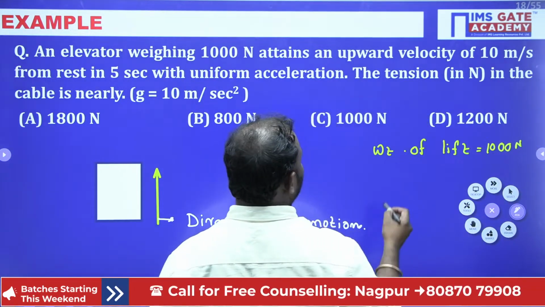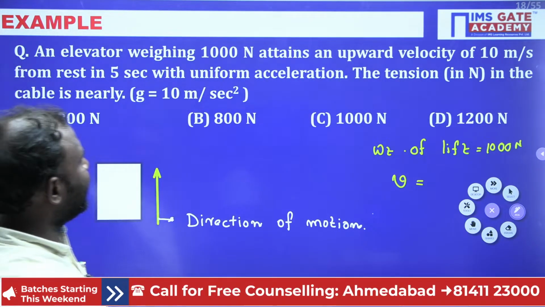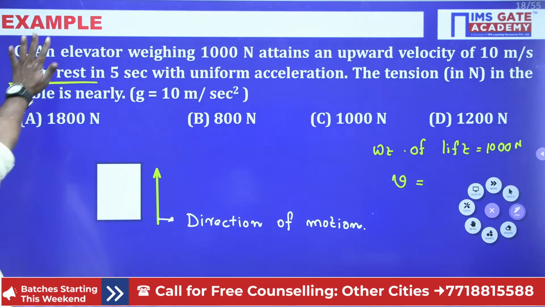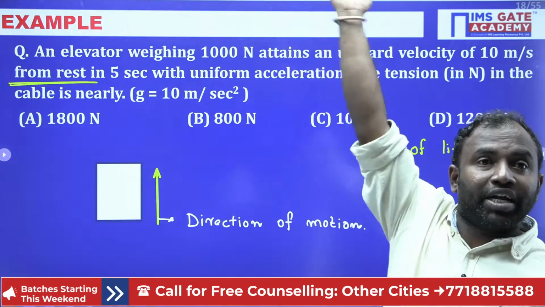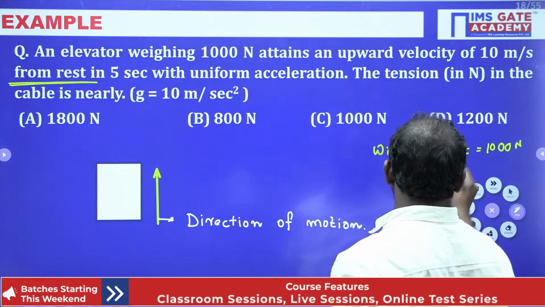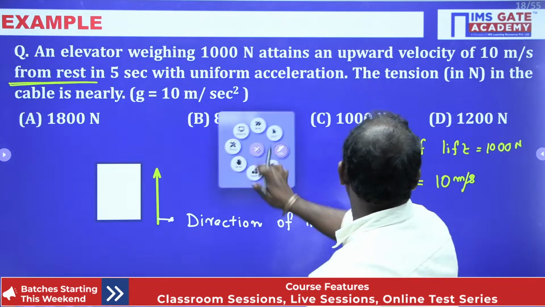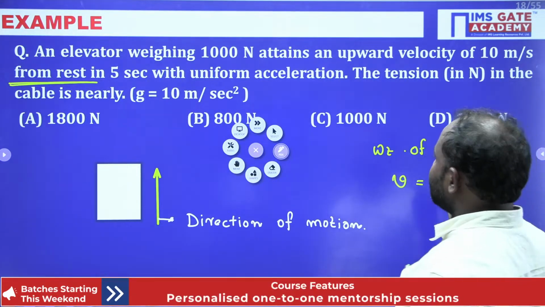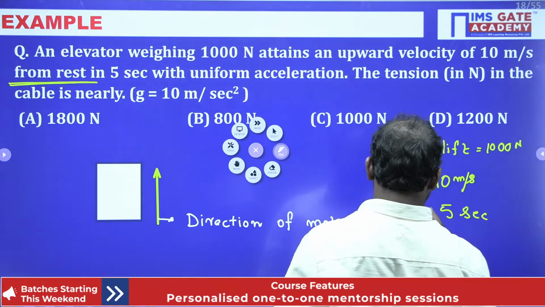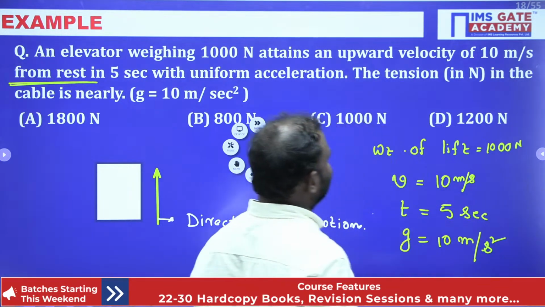Next is the upward final velocity, and it is starting from rest, so initial velocity is 0. Final velocity is given as 10 meters per second. Now t is given, 5 seconds, and g is given, 10 meters per second square.